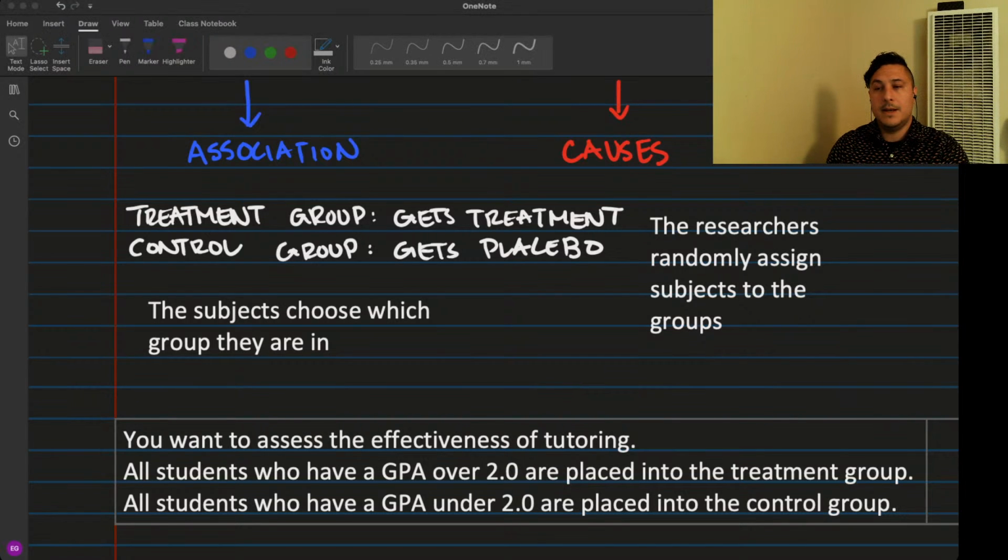Okay, now, do you see how it's the researcher who's choosing which group you go into? Or it looks that way? That's actually not the case. How are the students, in some sense, actually determining which group they end up in? This is a little tricky. But the students are actually choosing which group they end up in.